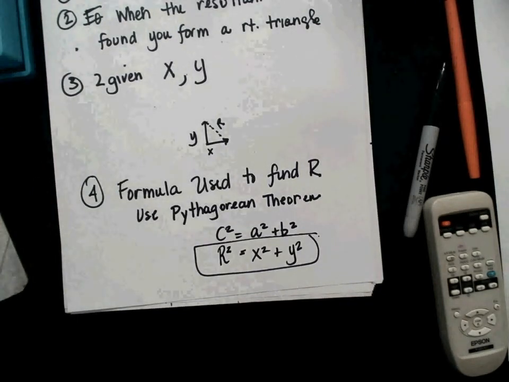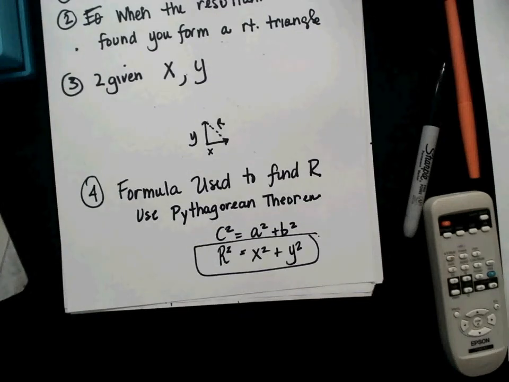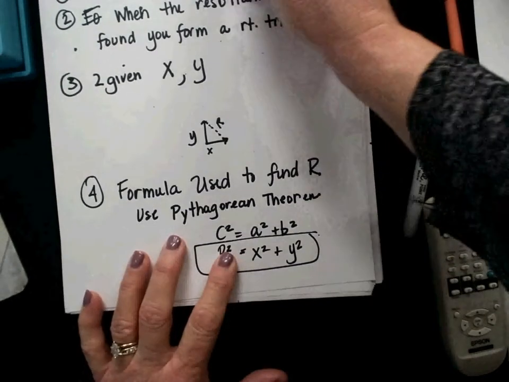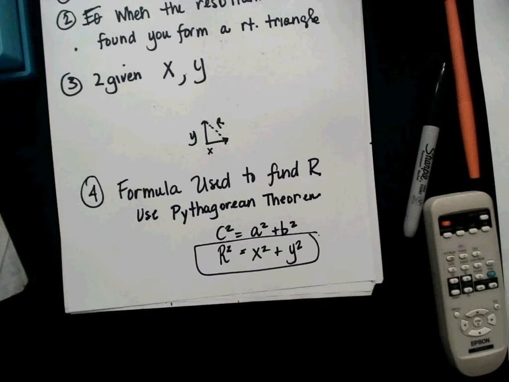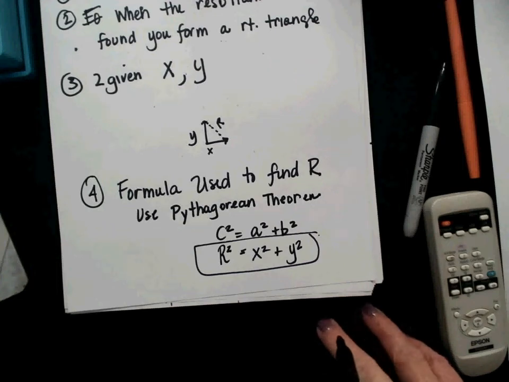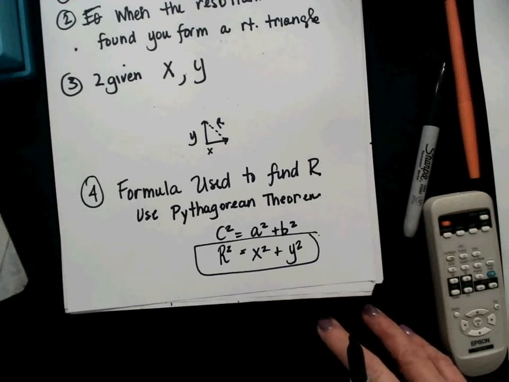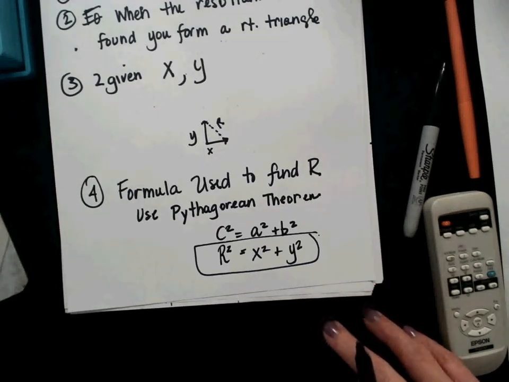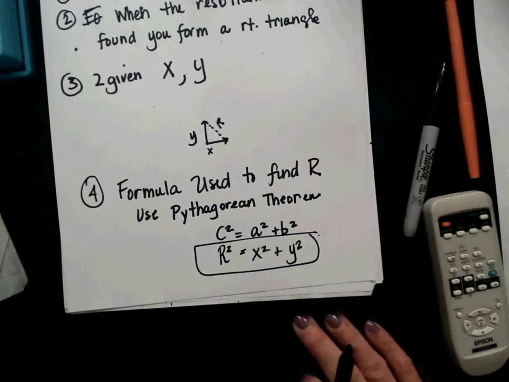So pretty simple. Get your little formula cards out and add that one to it. And if you don't have your little formula card, put a box around it like I did and go back and do it later.